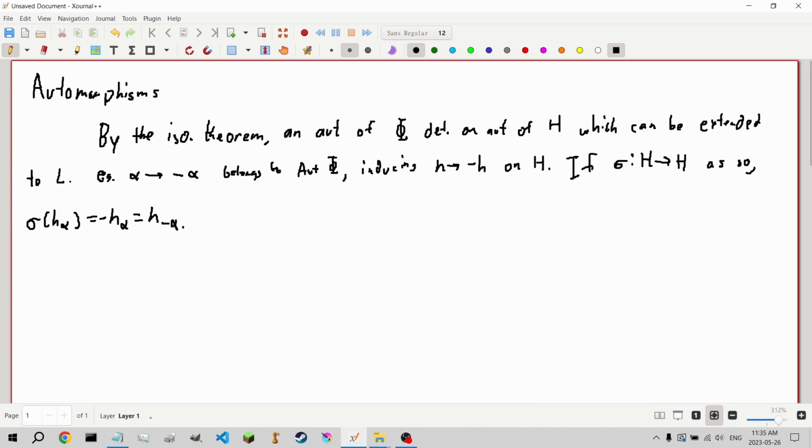So we are going to decree, going to send each x alpha to negative of y alpha, with the unique z in L alpha such that the bracket of negative y alpha and z is h negative alpha is x of negative alpha.